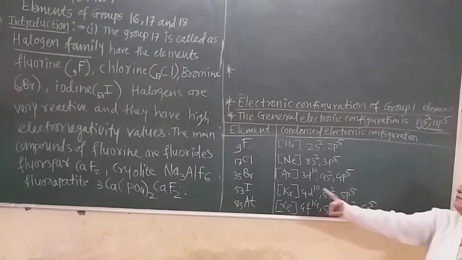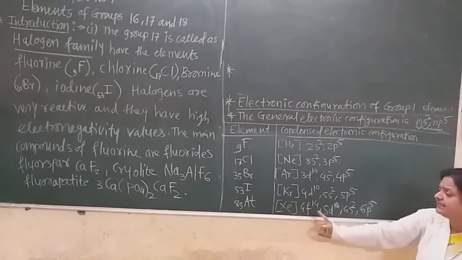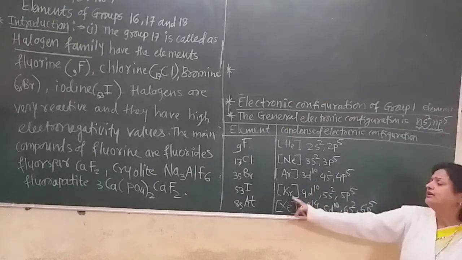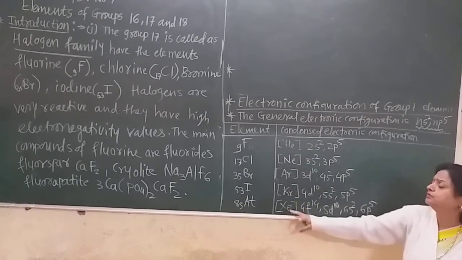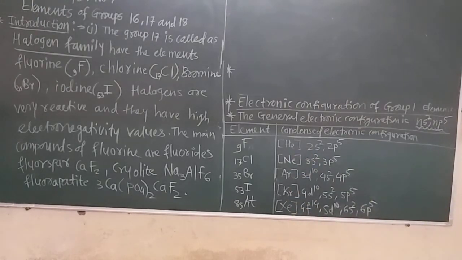Remember that from the third shell there is the d orbital, from the fourth shell there is the f orbital, and just subtract the atomic number of the inert gas to complete the electronic configuration. This is a very important family. Now let us see the next family, group 18, the inert gases.